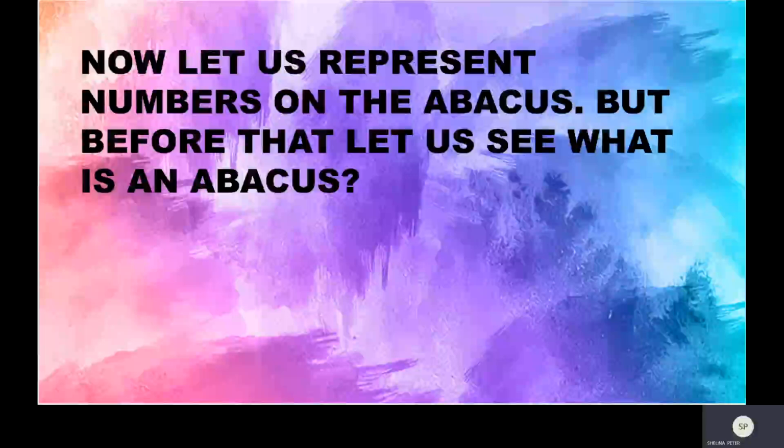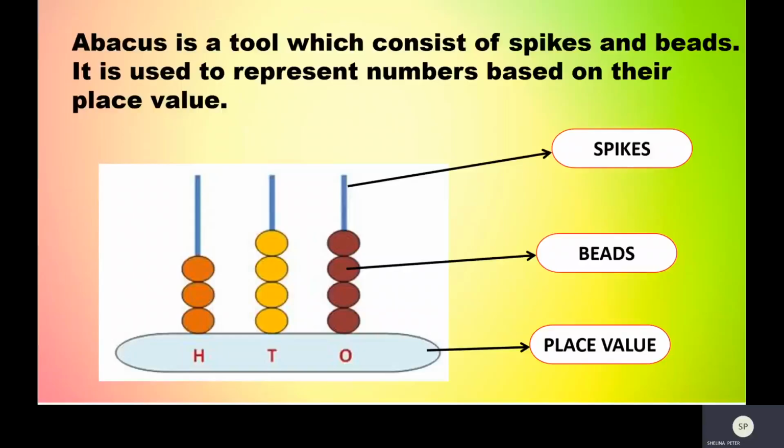Now let us represent numbers on the abacus. But before that, let us see what an abacus is. An abacus is a tool which consists of spikes and beads, and it is used to represent numbers based on their place value.